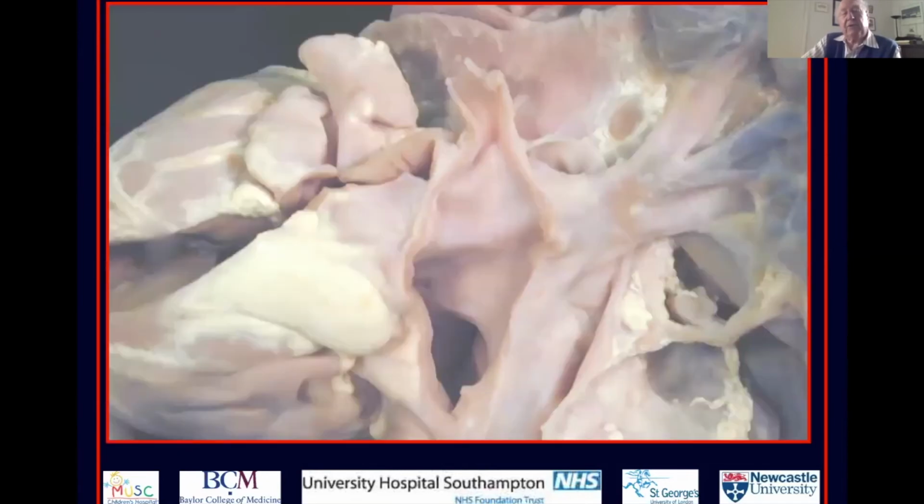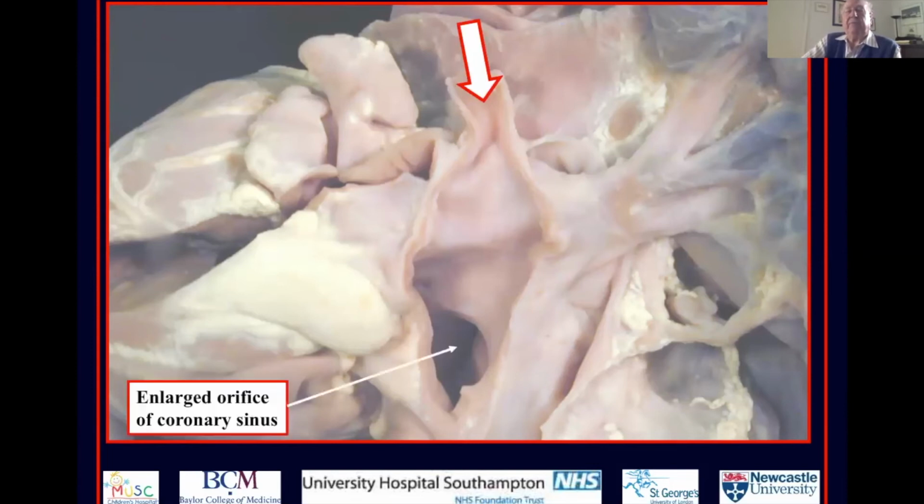So let's look at these in detail, and let's start with the commonest, persistence of the left superior caval vein. So I'm showing you this heart from behind. And there you see the persistent channel, which is the left superior caval vein.